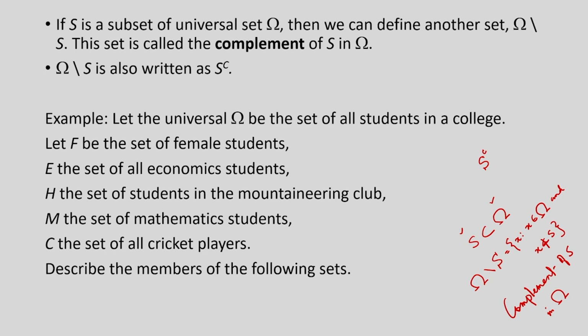So, I have first defined gamma in this problem. Gamma is the set of all students in a college, and then I have defined 5 sets F, E, H, M, C.